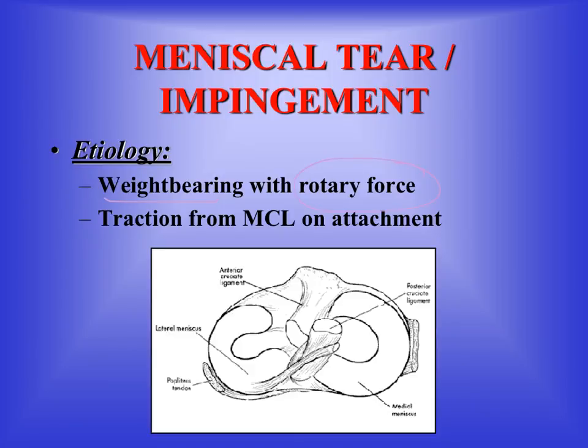The other way that you could potentially injure at least the medial meniscus is when you have an MCL injury. If it's a grade 2 or grade 3 MCL injury, then you could definitely also have some tearing and or ripping of the medial meniscus as well, because the MCL has some fibrous attachments on the meniscus. Now, if we're looking at meniscal anatomy, a few things I draw your attention to are the shape.